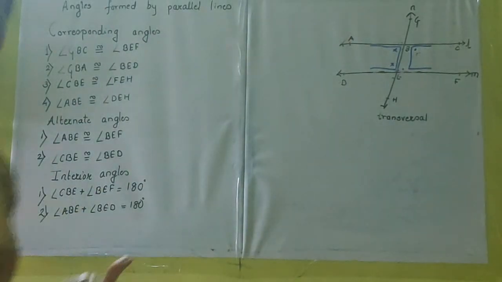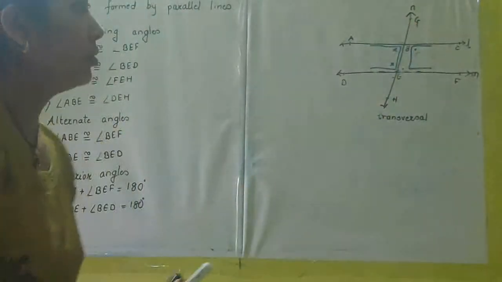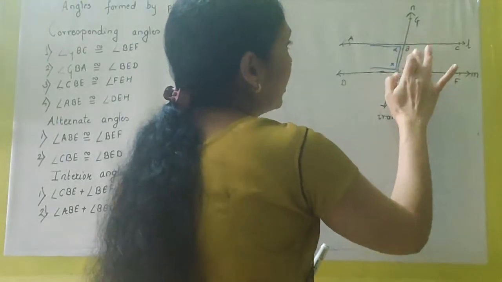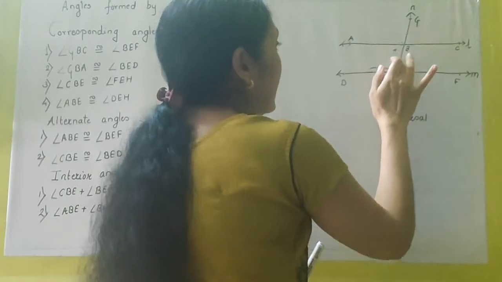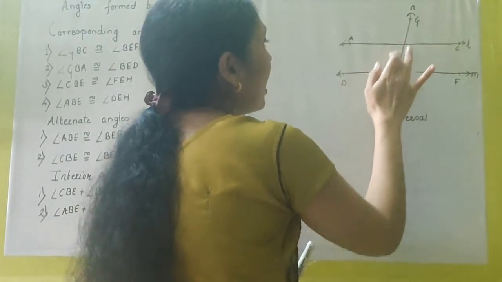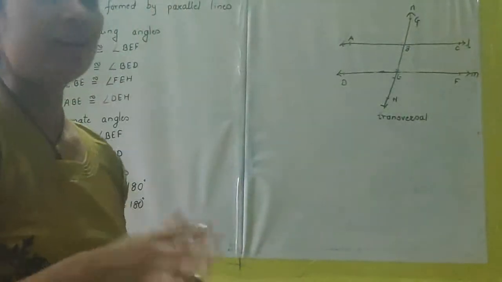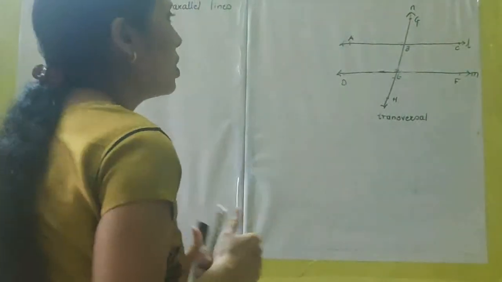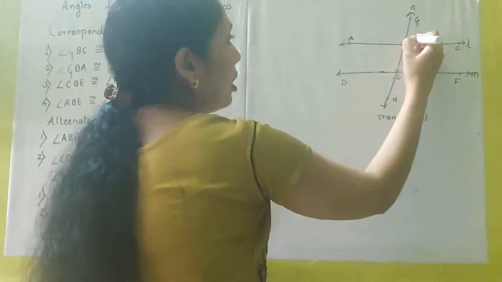Again, there are some other angles in this. I'll wipe out this interior angle, but the angles I am showing now are not necessarily formed by parallel lines. Any other lines can also form these angles. So here the first angle I am showing with the blue pen, vertically opposite angles.